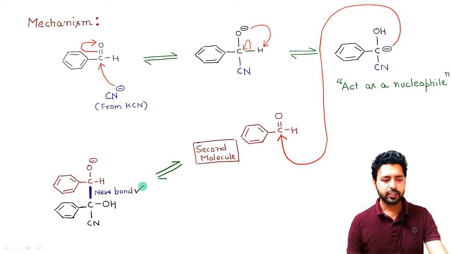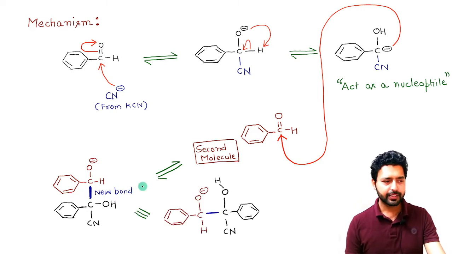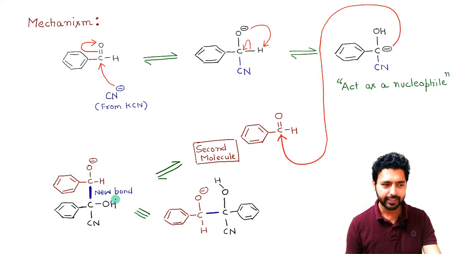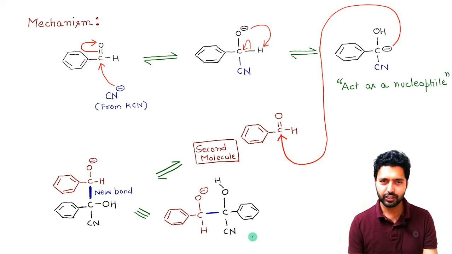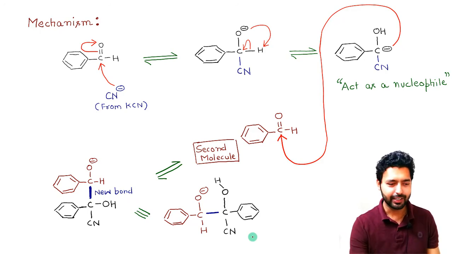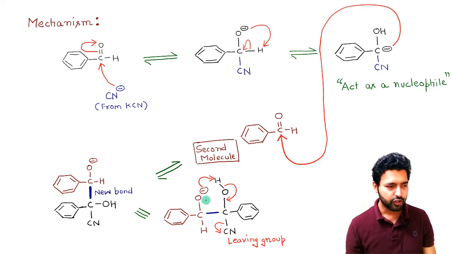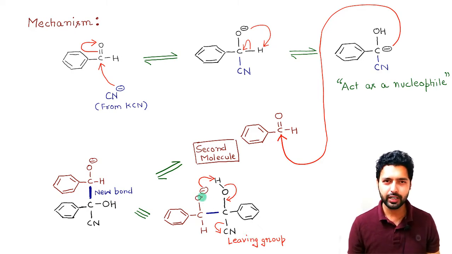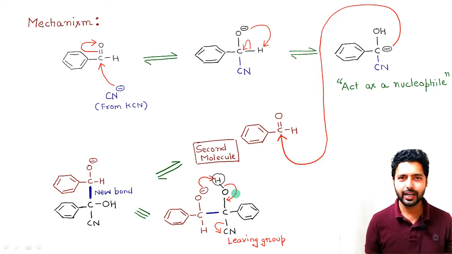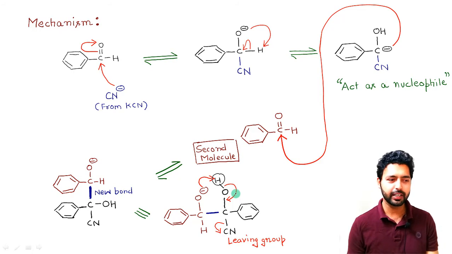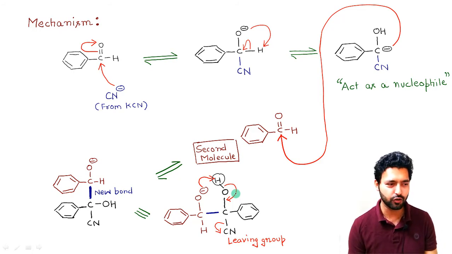Okay, now I am just reorienting this structure in this way, so that the next things can become easy here, right? So after that, let me erase everything else from here. Before that, this oxygen negative will now abstract a proton from this position here, and in doing so, these electrons which are between the oxygen and the hydrogen will now shift between the oxygen and the carbon, which you can see here, right?